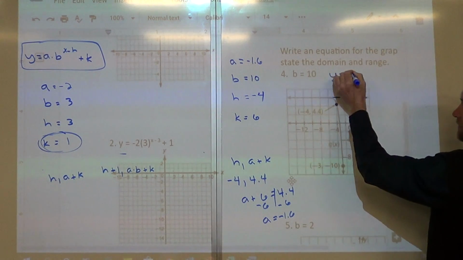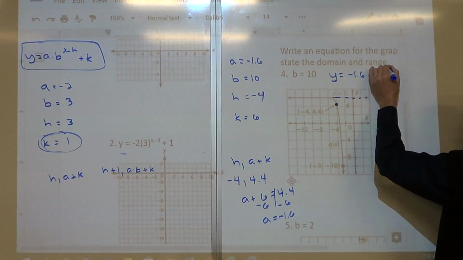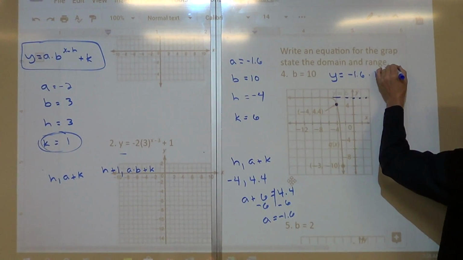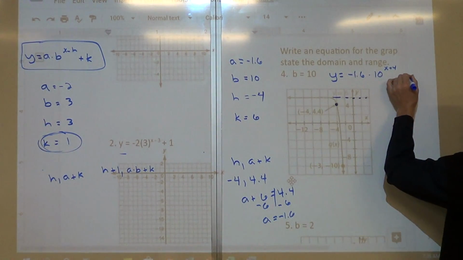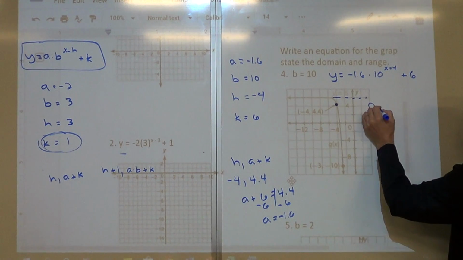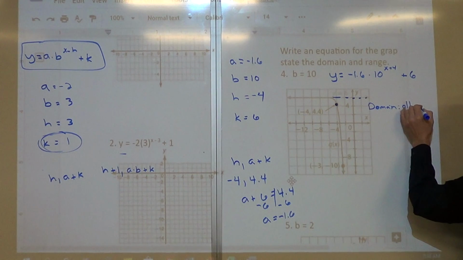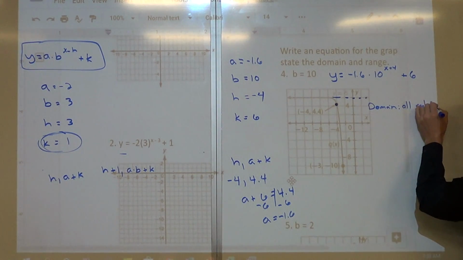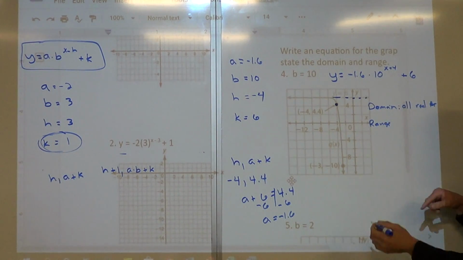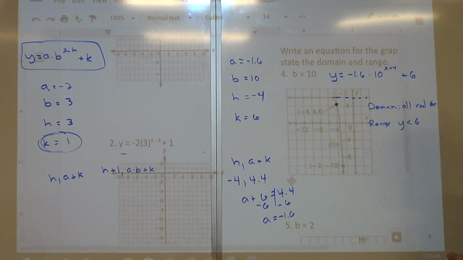Y is equal to my A value, -1.6, times my B value of 10, to the X minus my H value of -4, so that'll be +4, and then plus 6. Again, my domain is all real numbers. And then my range for this one, the graph's going down, so it's everything that's less than that value of 6.